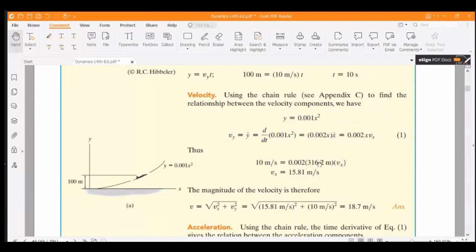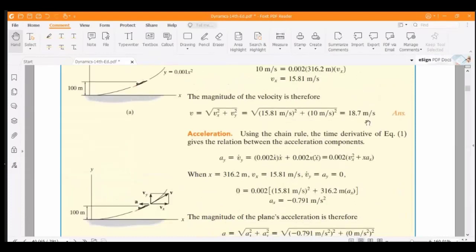We have t, we have vx. Okay, so what will happen? Velocity magnitude is the square root of vx squared plus vy squared. Vx is found here, vy is given. Squaring, adding, and then taking the square root, 18.7 meters per second is the velocity magnitude.